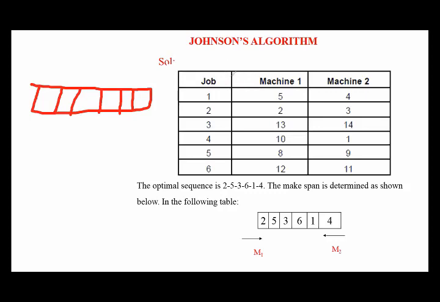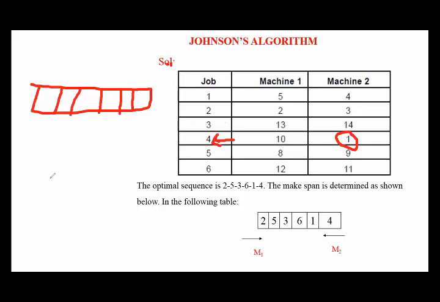Using Johnson's algorithm, first we have to identify the minimum value from these machines. Here the minimum value is 1. So we are going to denote this job in the sequence. Here we have two rules to define the job order in the sequence.